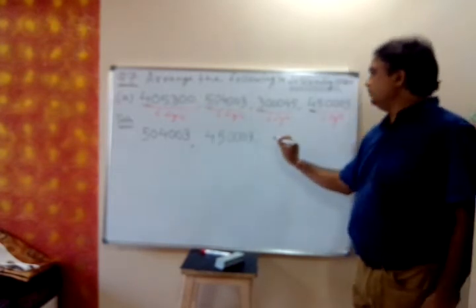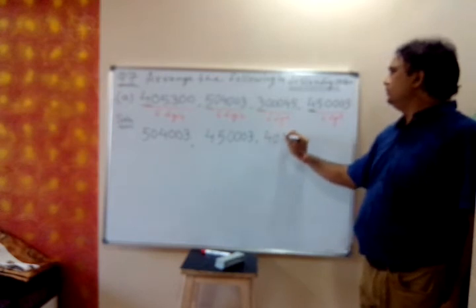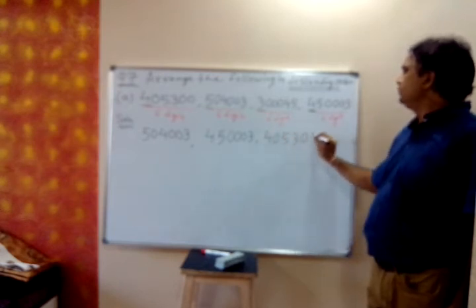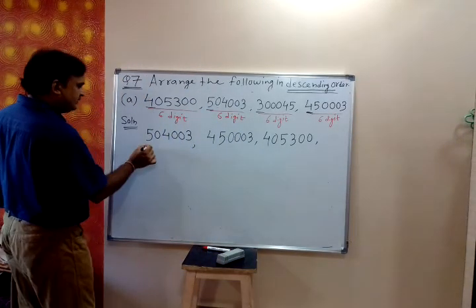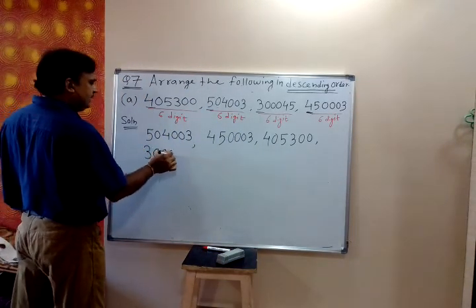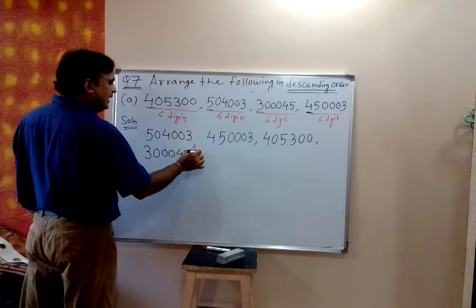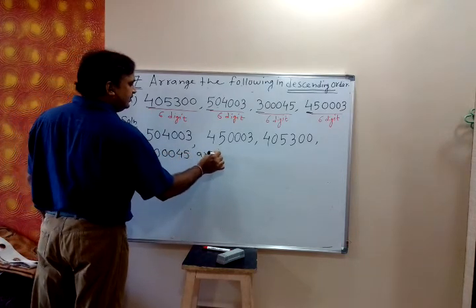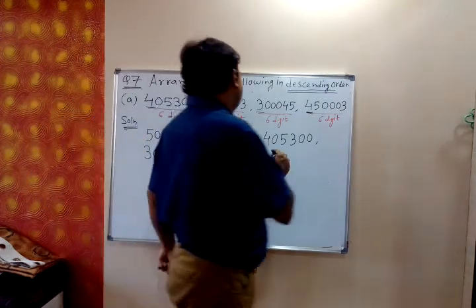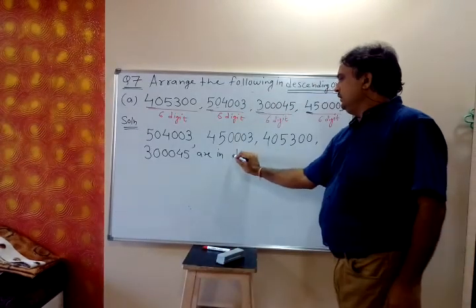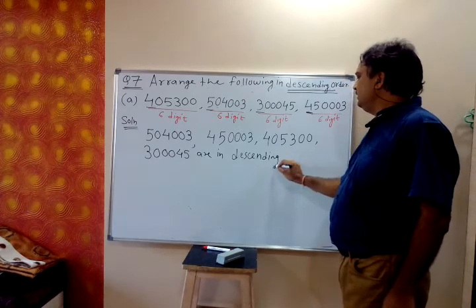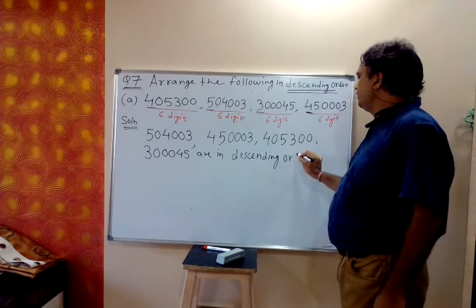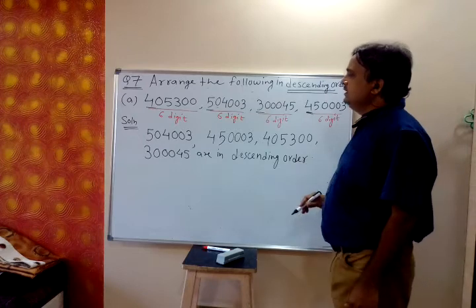Then 405300, then 30045. These numbers are in descending order.